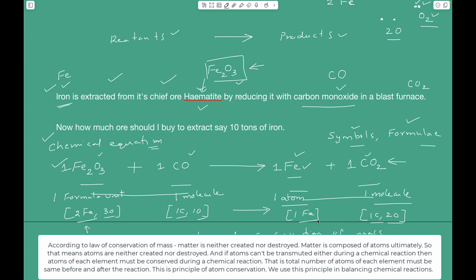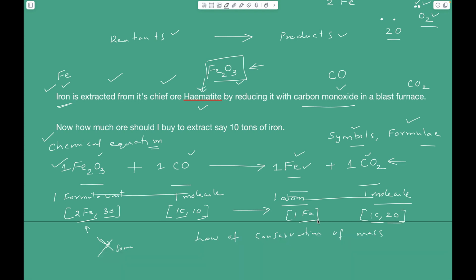So that simply means atoms of each type must be same before and after the chemical reaction. In other words, atoms of each type must be conserved. If atoms are conserved, that means mass must also be conserved.